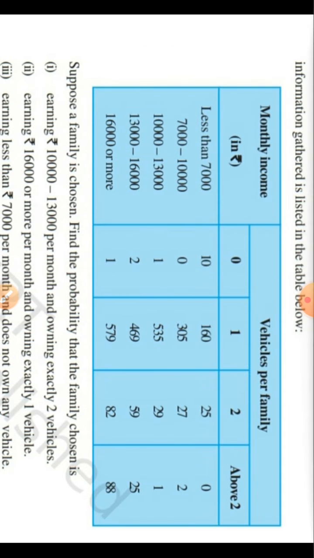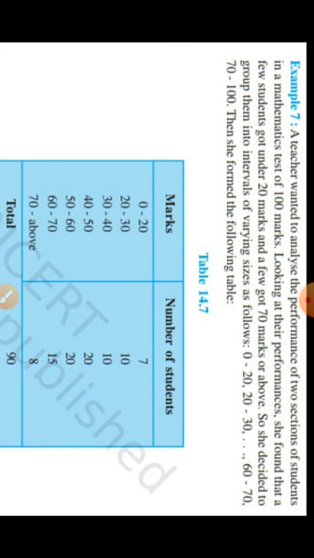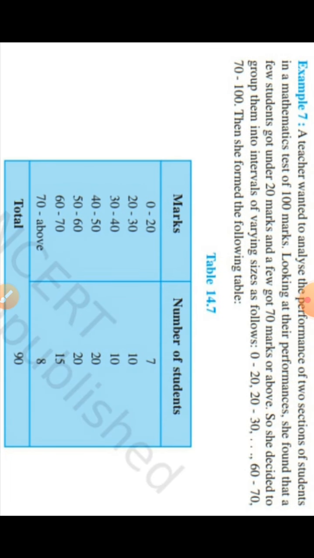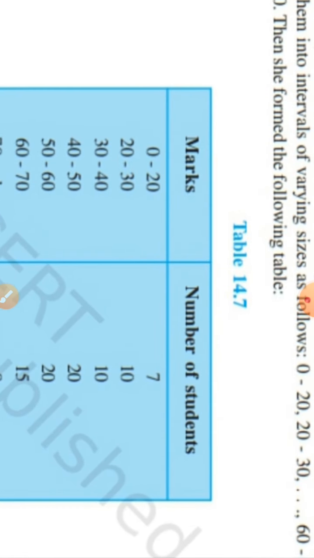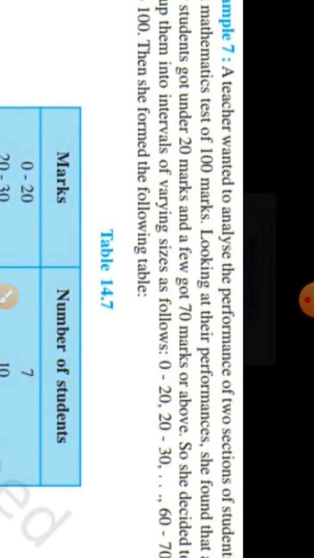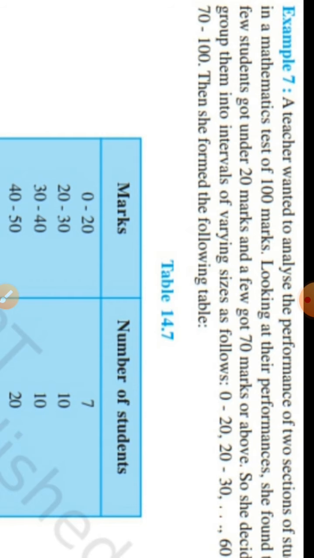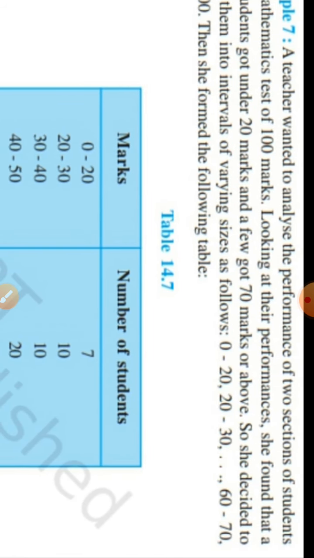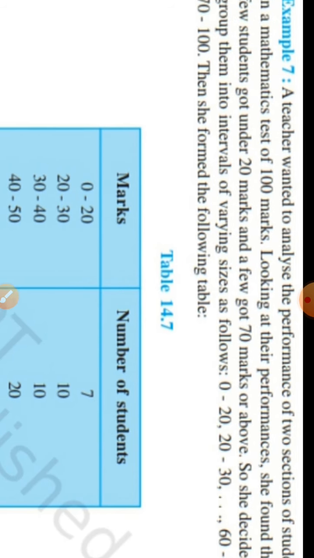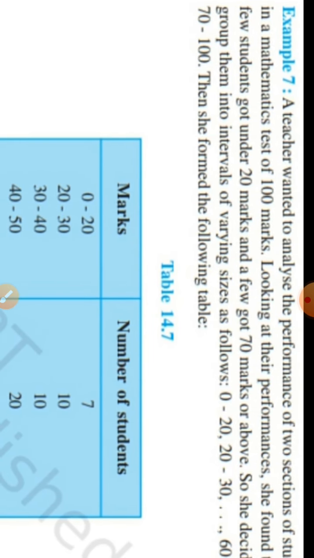Now we just go there. Table 14.7. Okay, what is given? Look there. The teacher wanted to analyze the performance of two sections of students in an academic test of 100 marks.